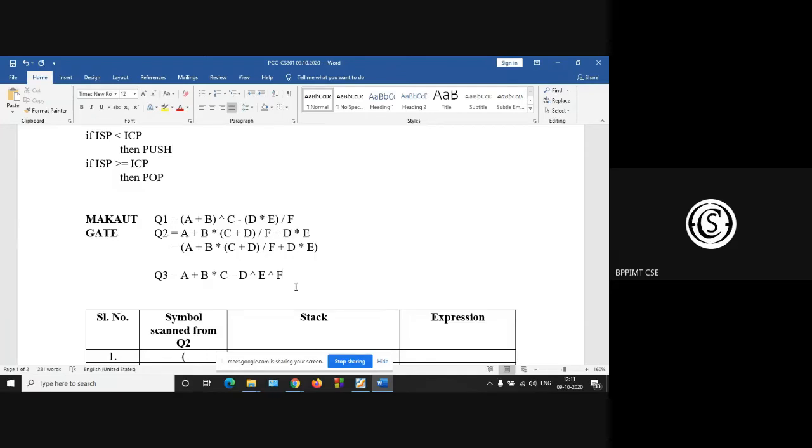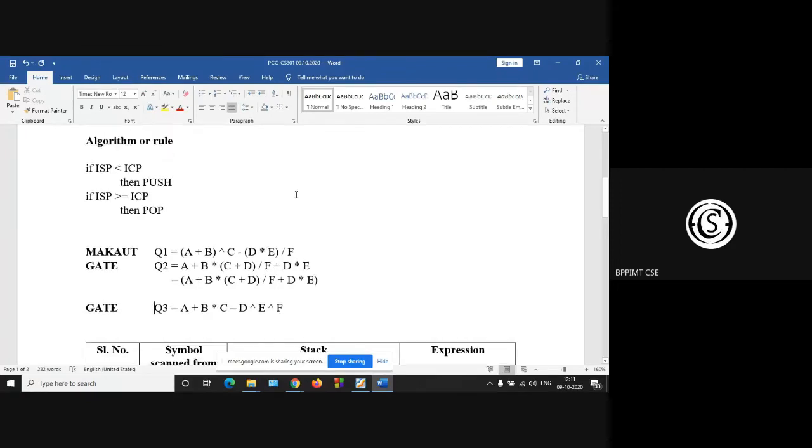So this is Q3. This is also from GATE. So this is your homework, and this is already covered.